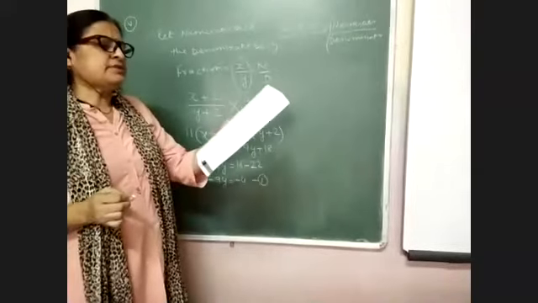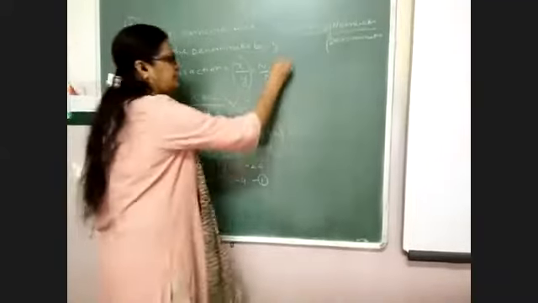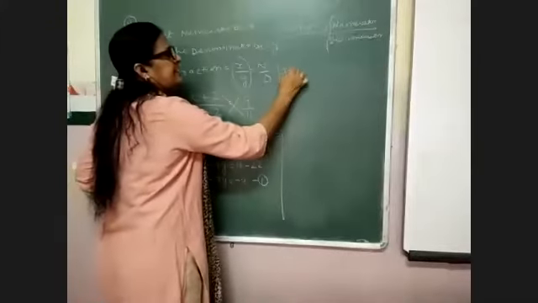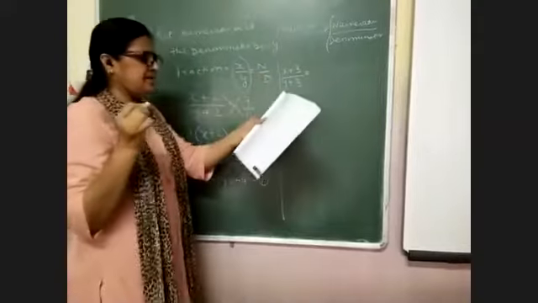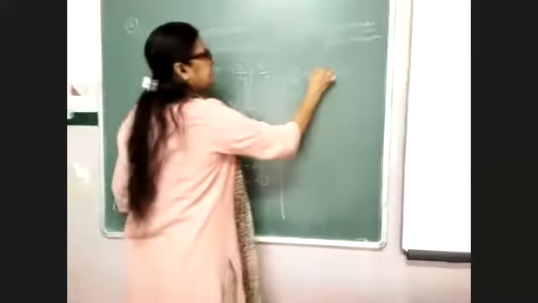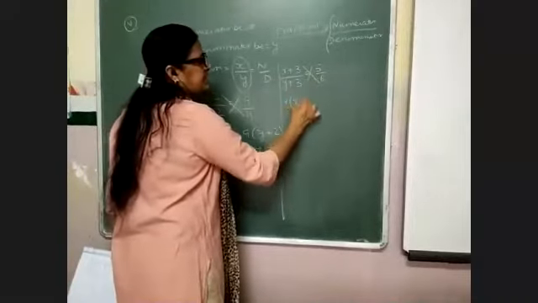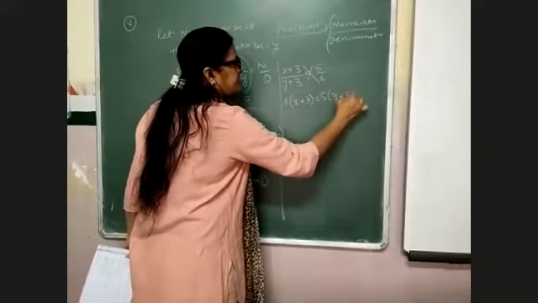And your second equation is: if 3 is added to both numerator and denominator, your fraction becomes 5 upon 6. So by cross multiply, 6 multiply x plus 3 equal to 5 multiply y plus 3.